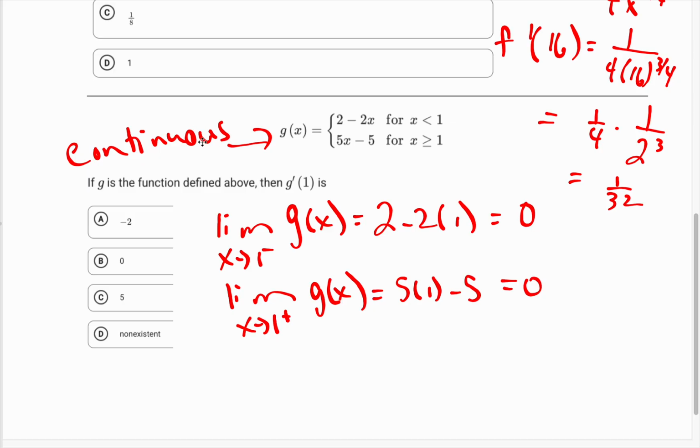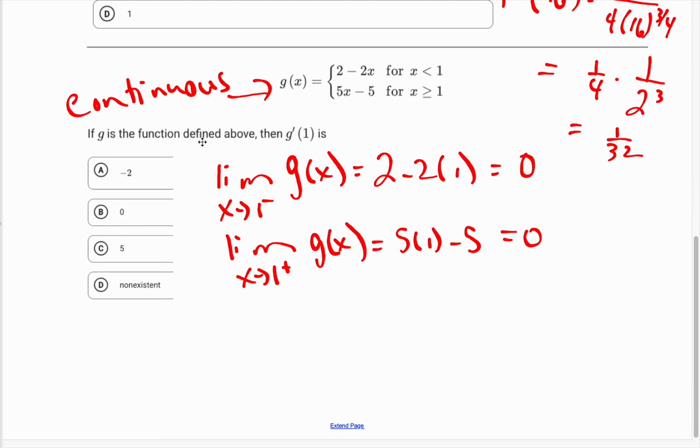So now we can work on getting a derivative. So the derivative up right here is negative 2. And up here, the derivative is 5.